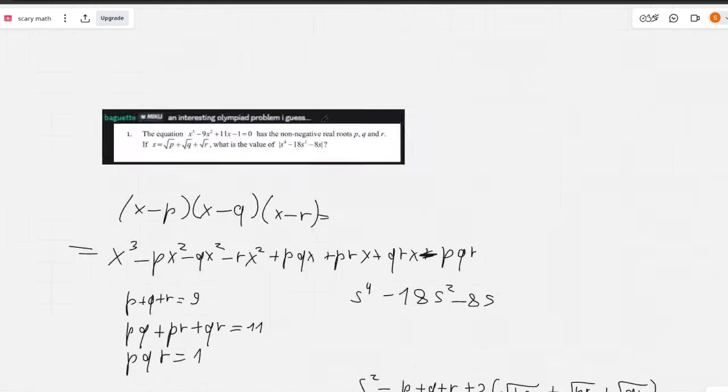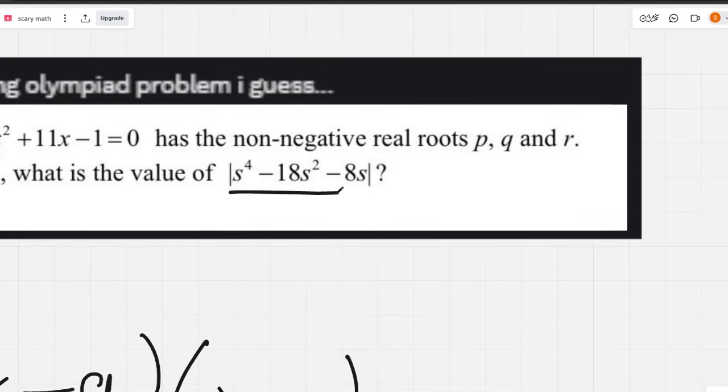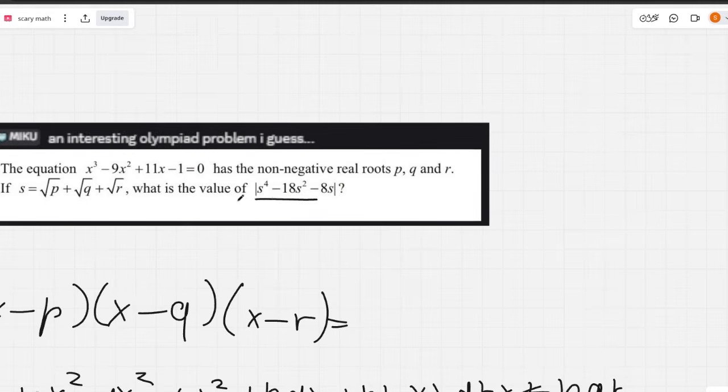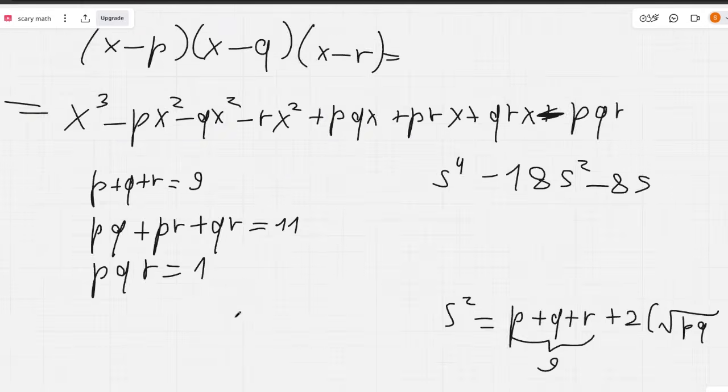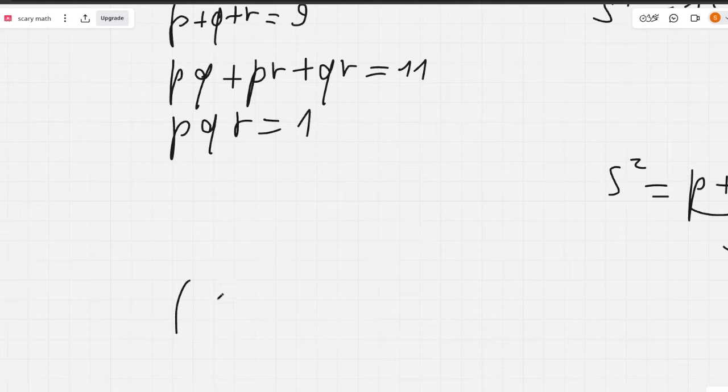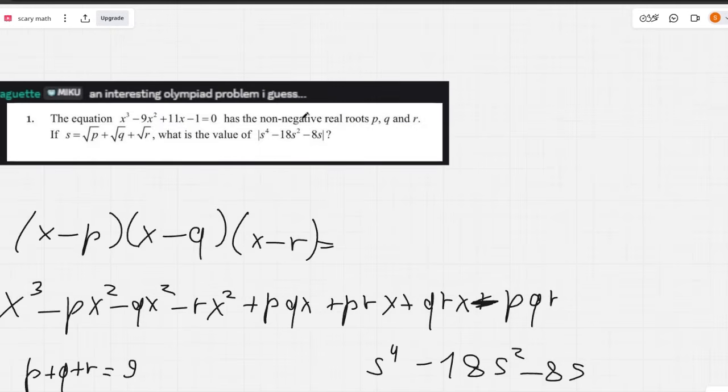Another thing you can notice is that you can try pulling out the square of some formula, and conveniently we have a 9 here: 2 times 9 times s squared. So when we try to do that, we get s squared minus 9, squared.